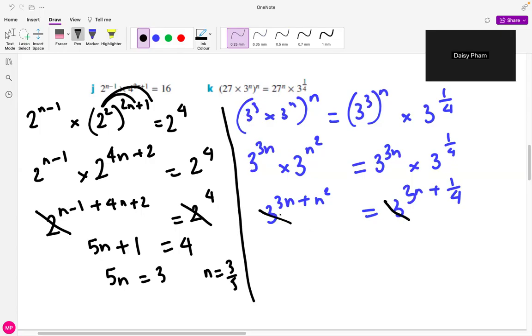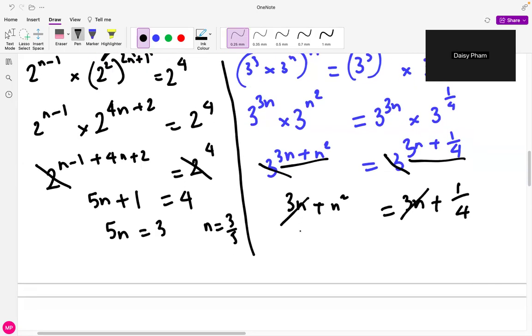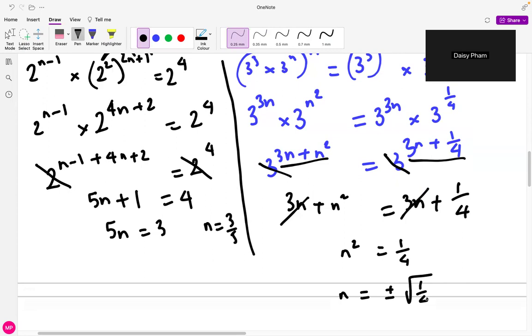Now you end up having 3n plus n squared equal 3n plus a quarter. So you have 3n and 3n on both sides. You can get rid of them as well. So you end up having n squared equal 1/4. n will be plus or minus root of 1/4, which is plus minus 1/2.